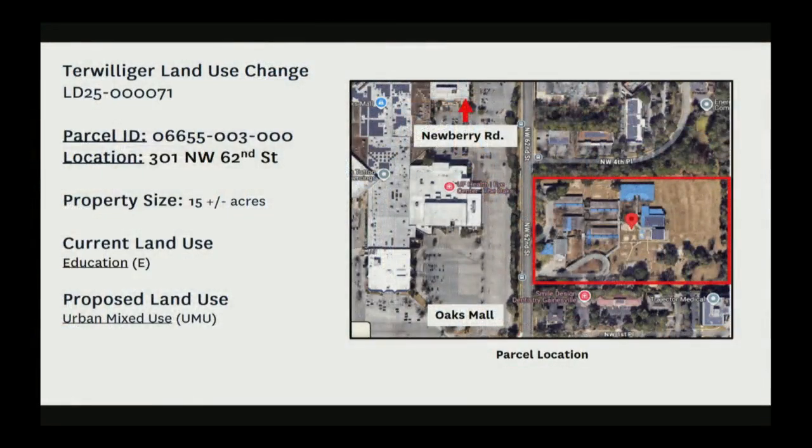Here is a location map. The parcel ID is 06655-003-000. The parcel is just south of Newberry Road and to the east of the Oaks Mall. Parcel size is approximately 15 acres, and currently the established land use is education. The proposed land use is urban mixed use.